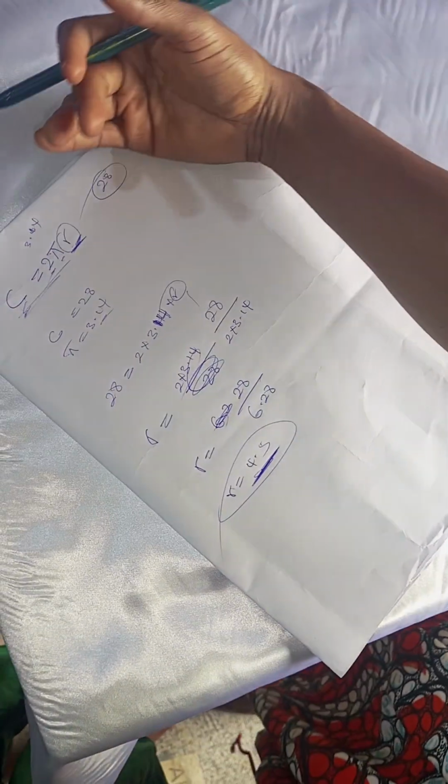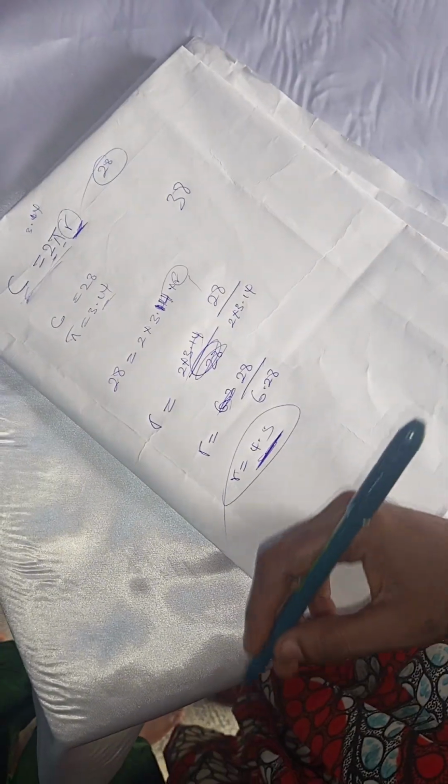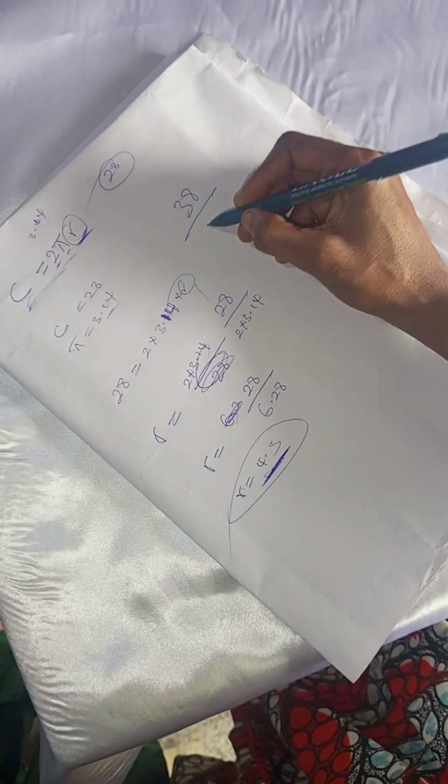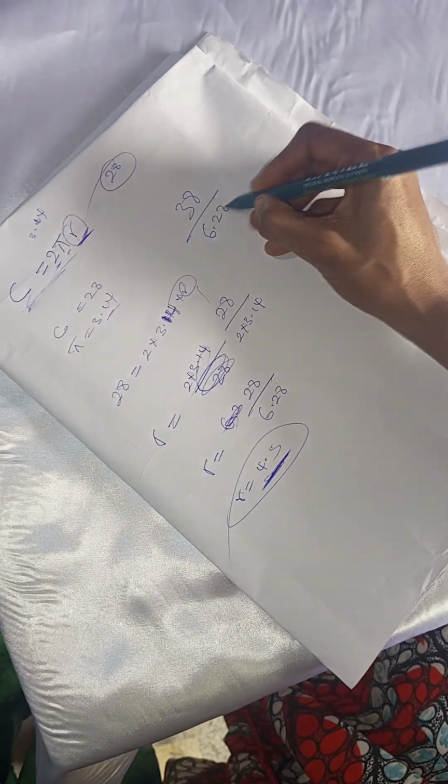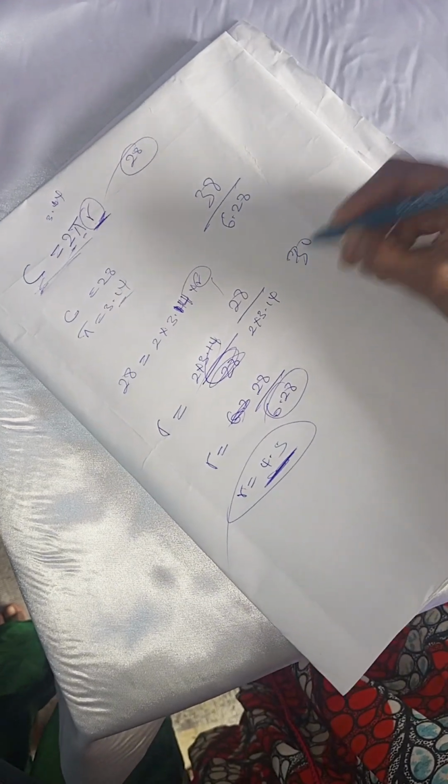So for you not to be going through this formula whenever you want to cut a flare for any customer, let's assume the waist is 38 inches. Just say 38 divided by 6.28. That is the 6.28 we derived from our formula. You don't have to go through the calculation over and over again. Let's assume your own waist is 30 inches.